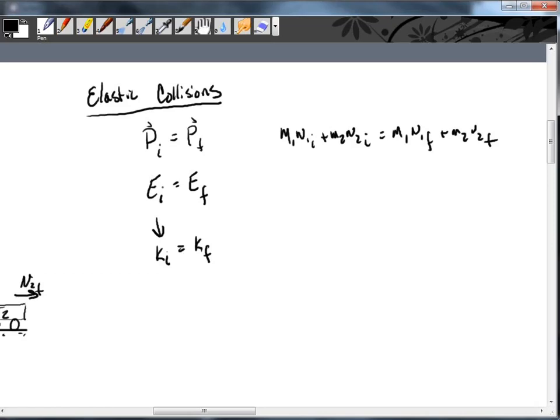But we have two equations and two unknowns, assuming our masses are constant. 1/2 m1 v1 initial squared plus 1/2 m2 v2 initial squared is going to equal 1/2 m1 v1 final squared plus 1/2 m2 v2 final squared.